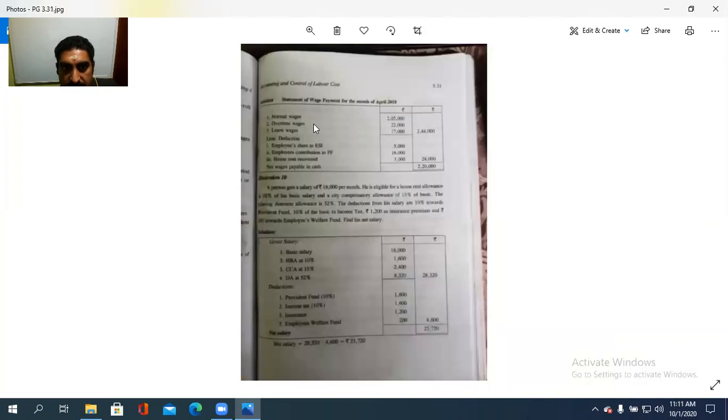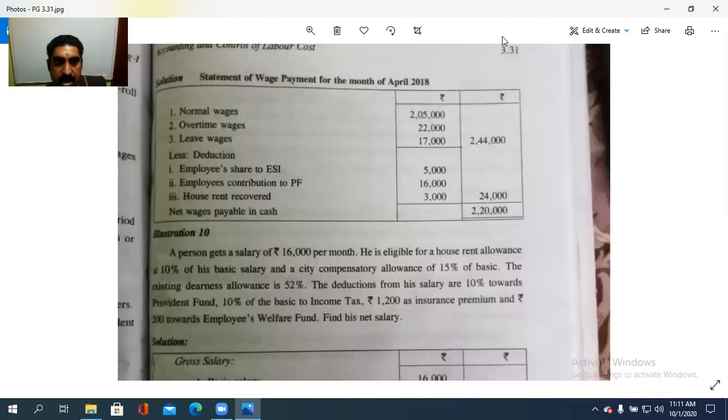Firstly, we need to add up normal wages, overtime wages, and leave wages. Usually, the net wages are the gross wages less the deductions. From the gross wages we deduct things like loans taken or advance salary, and then we get the net amount.